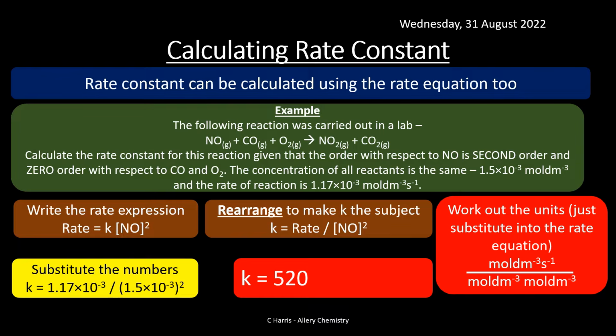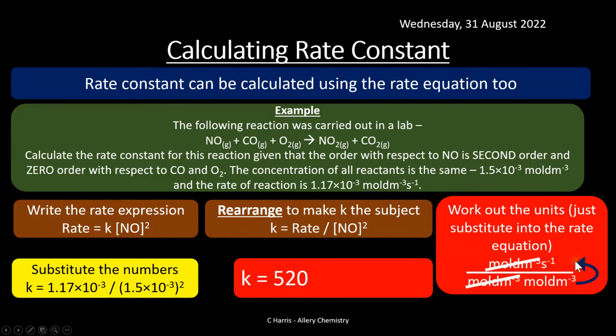You've seen this in previous topics where we work out units, but we're basically going to write the units in the same form as the equation. We're going to score them out, so the moles per decimetre cubed bit will cancel out. We're left with s to the minus 1 on the top, and moles per dm cubed at the bottom.